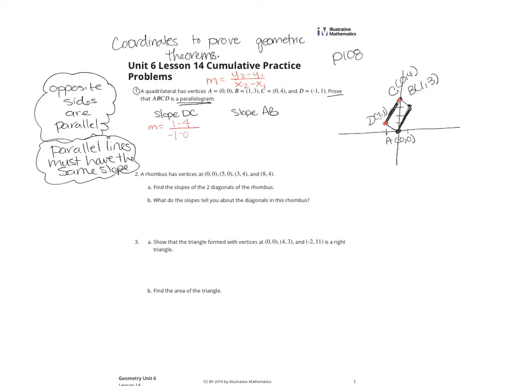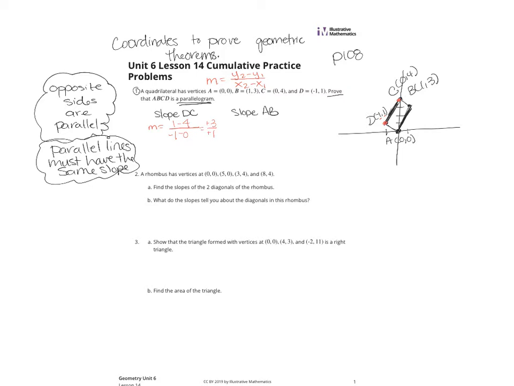So it's negative 1 minus 0. So I get on top 1 minus 4 is negative 3 over negative 1 minus 0, which is negative 1. And a negative over a negative is a positive. So it looks like the slope of DC is 3.